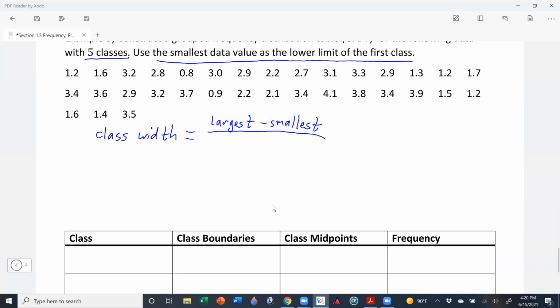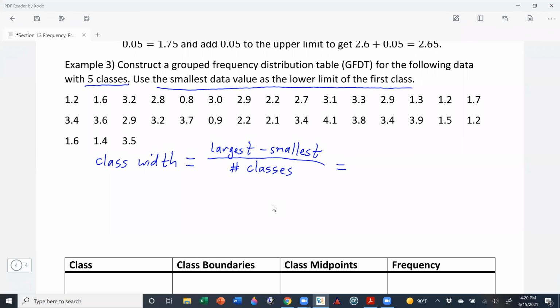So this is just raw data scattered all over the place. What's the largest value? Kind of hunt through here. We technically don't need to put all of it in order. That would be a little bit of extra work, but it looks like 4.1 is the largest data value. So I'll write that as 4.1 minus, and then we have to hunt through here and find the smallest.